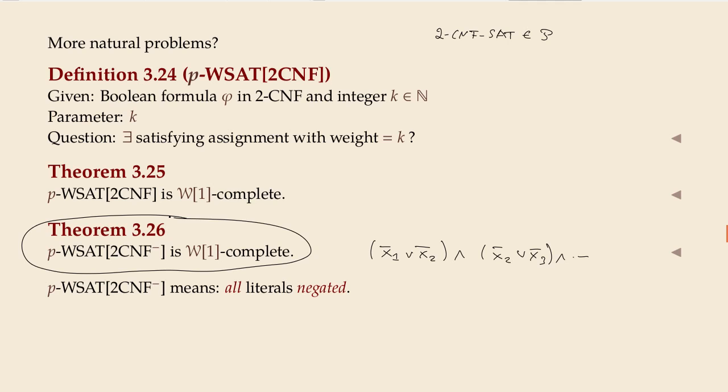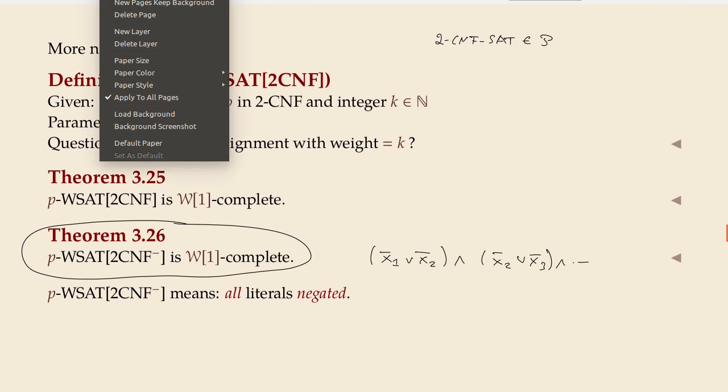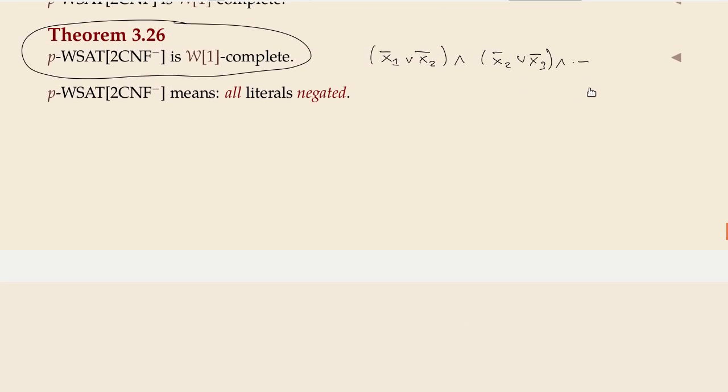And one connection that's maybe not obvious if you first look at the formula, but which is very simple, is, I should have included this as a proper theorem, that the problem p-independent set is also W1 complete.